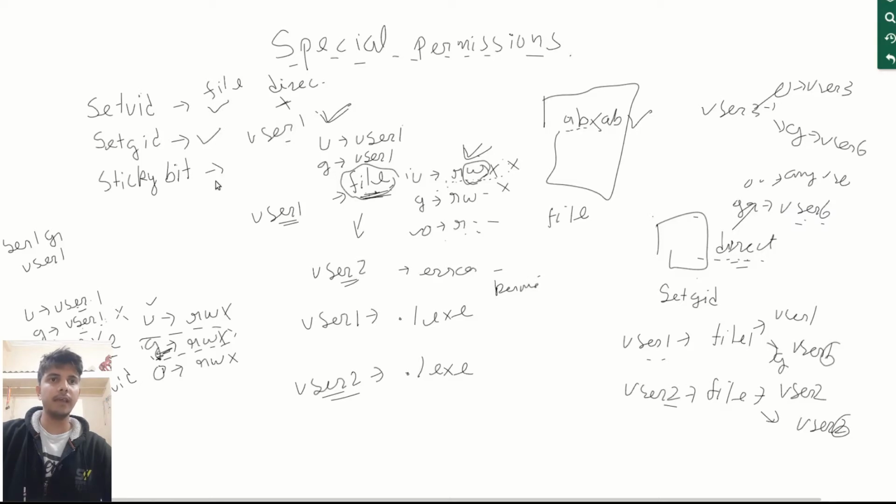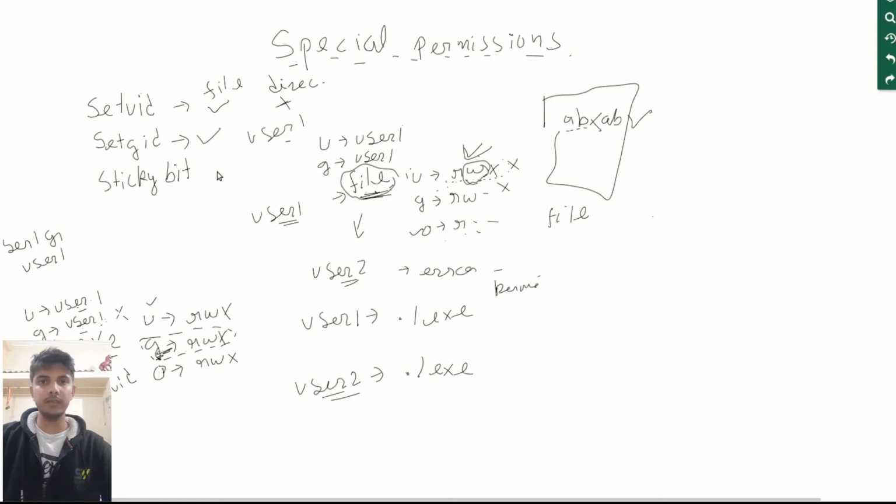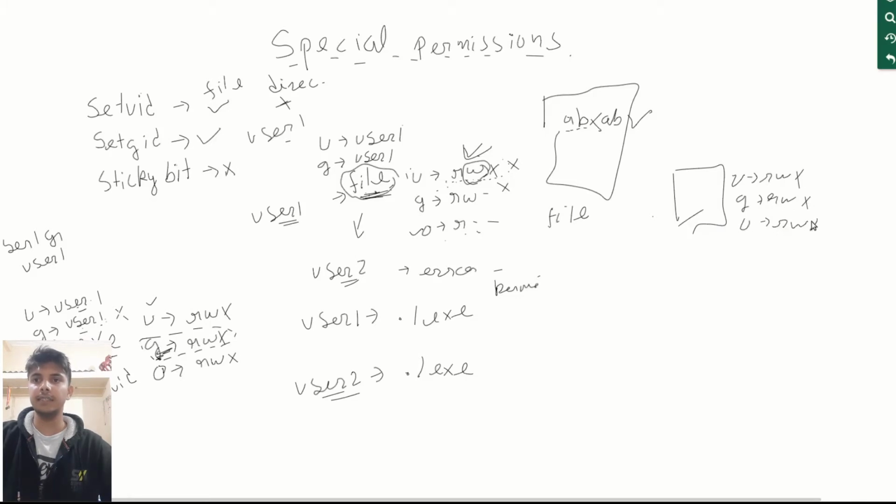After that we have sticky bits. Even though you can set the sticky bit on a file, it does not serve any particular purpose. But for a directory it has a purpose. For example, let's say we have a directory with the permission read, write and execute for user, read, write, execute for group, and read, write and execute for other also.